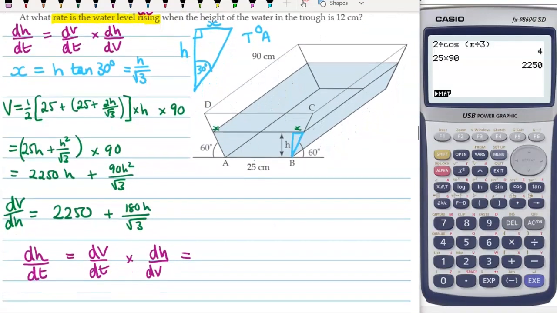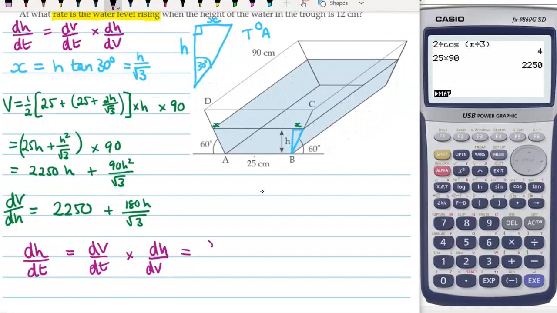I imagine lots of people would make a mistake on that. So this will be 8,000 times by dh by dV, which was this one here, but flipped over. So 1 over 2250 plus 180h over root 3.